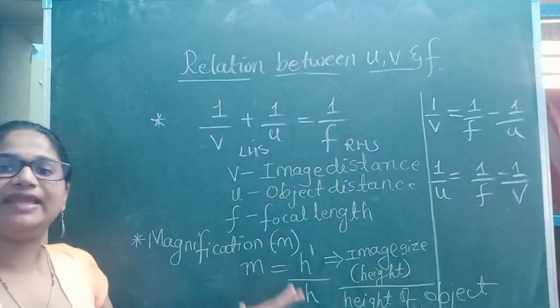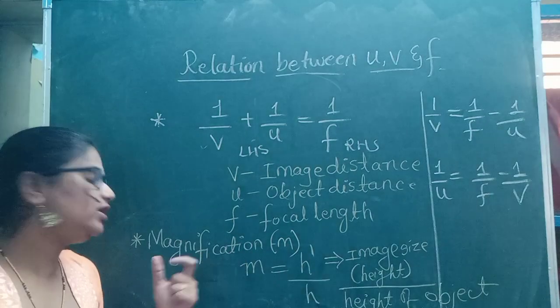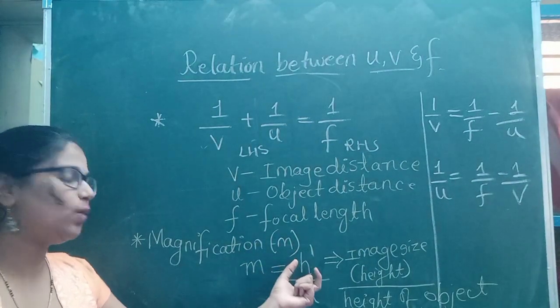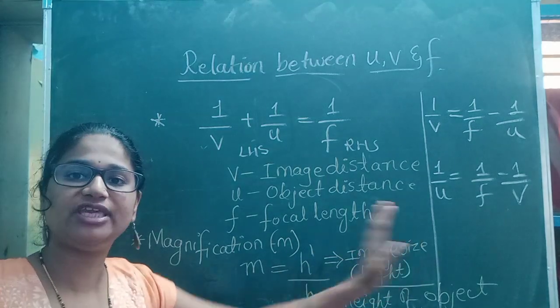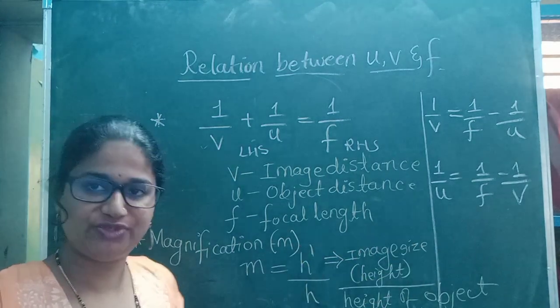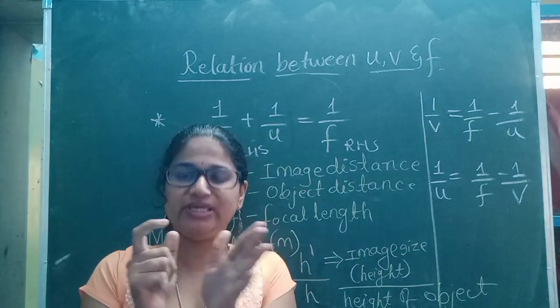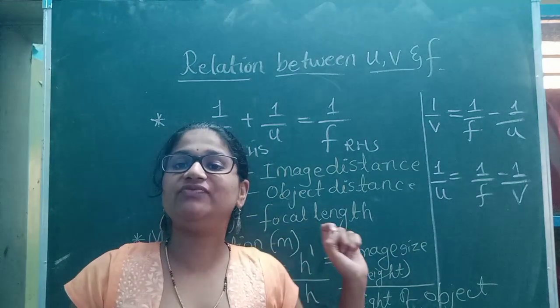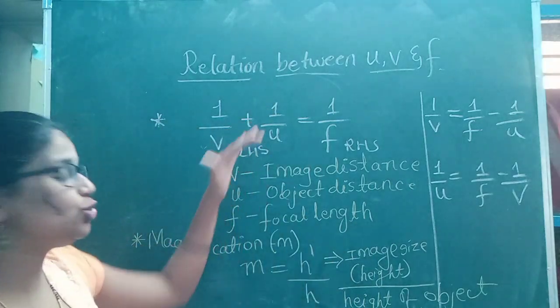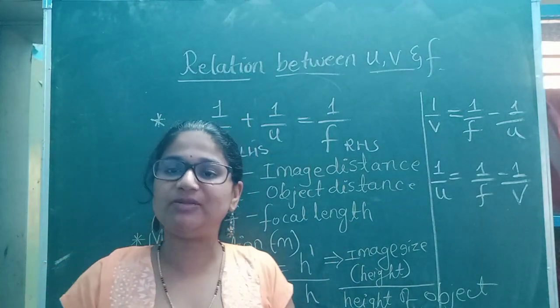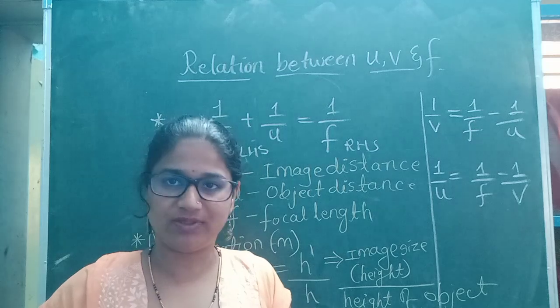So we can find the magnification by taking the ratio between the size of an image and the size of an object. If we know the height of an image and height of an object, we will get the magnification of that image. These are the two main formulas on which we will be having certain numerical problems.